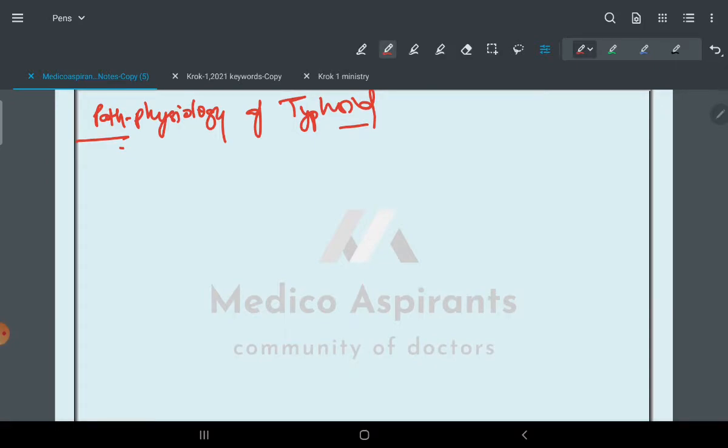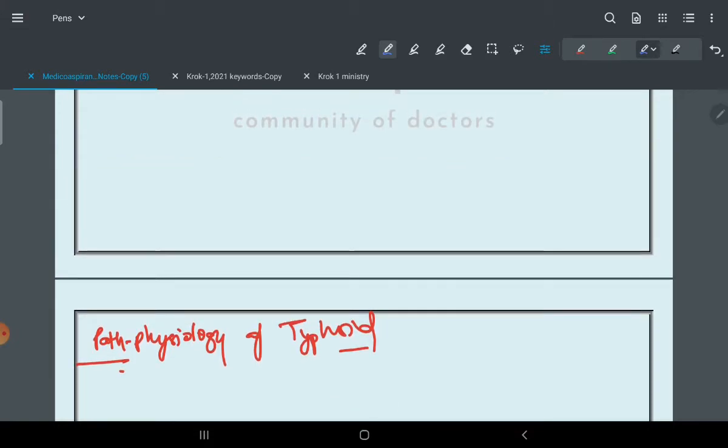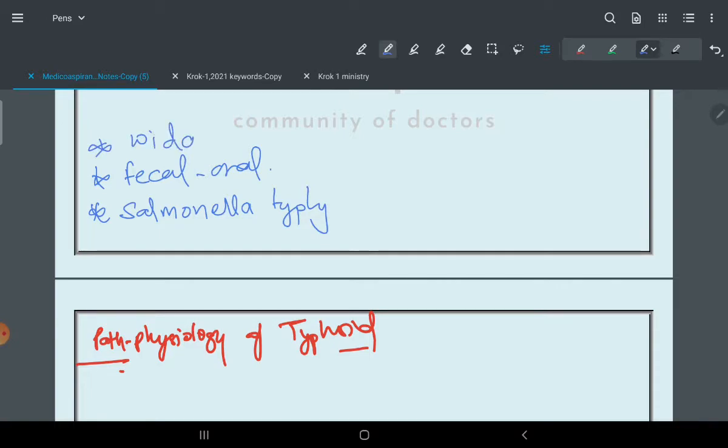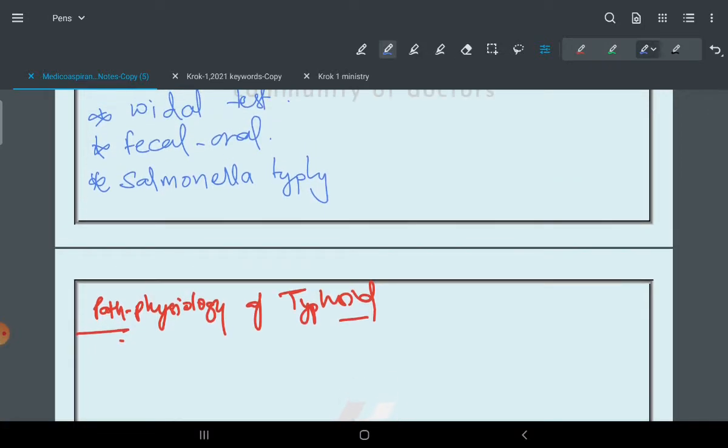As you know, the transmission, here I am writing down, typhoid transmission is fecal-oral. The causing organism is Salmonella typhi. The confirmatory test is Vidal. These 3 points you should know whenever you study typhoid.